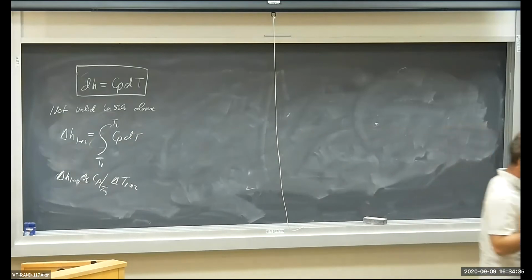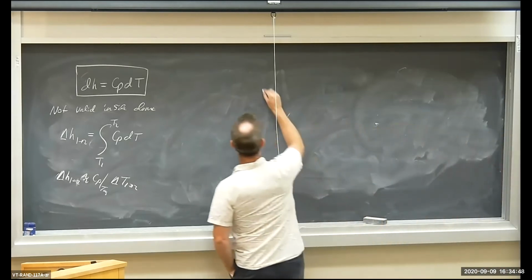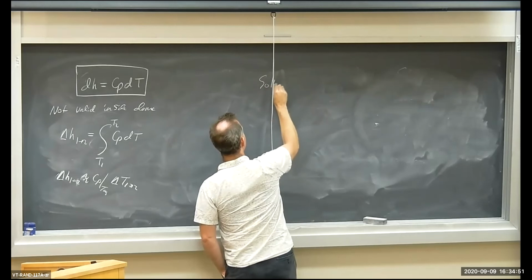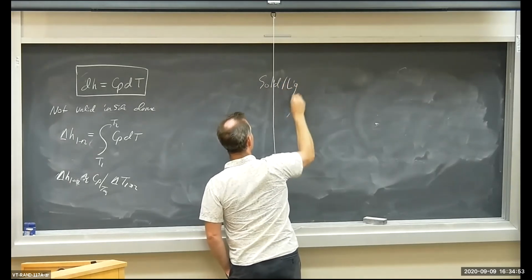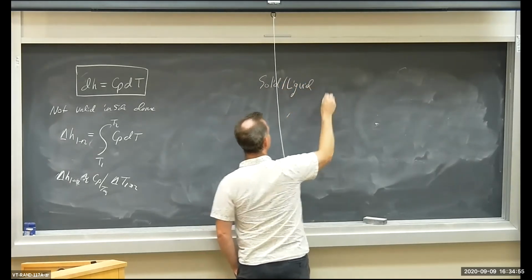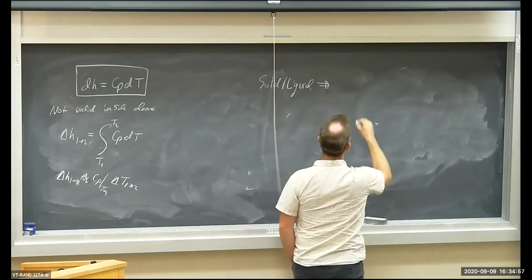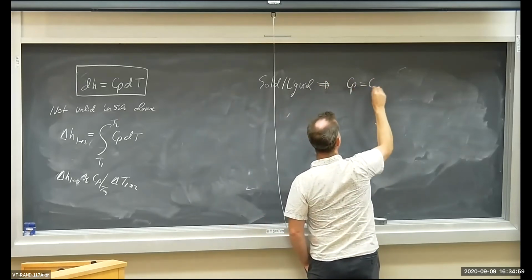So for a solid or a liquid, there's no boundary work, and these results must be the same. In other words, for a solid or a liquid, Cp is equal to Cv.